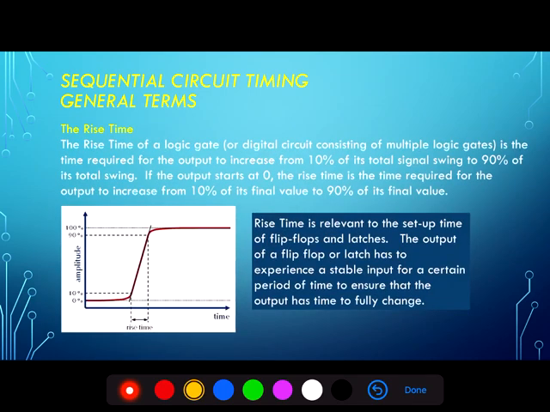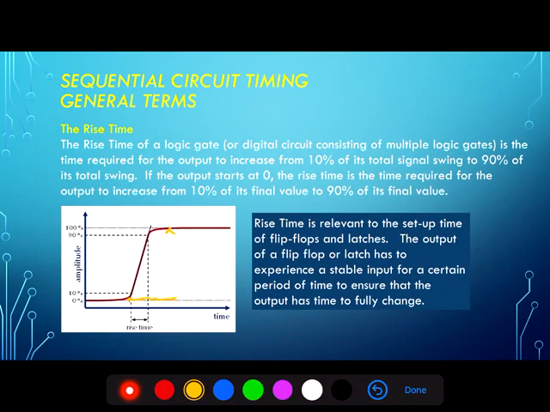The rise time is specific to only one signal, any signal in a circuit or digital circuit. It's the time required for that signal to increase from 10% of its total signal swing to 90% of its total swing.